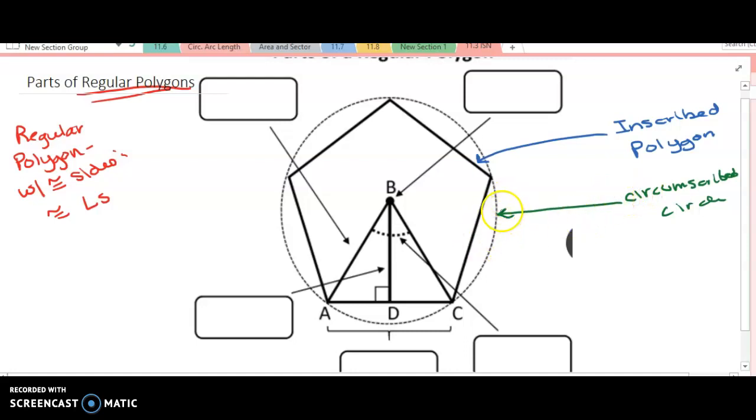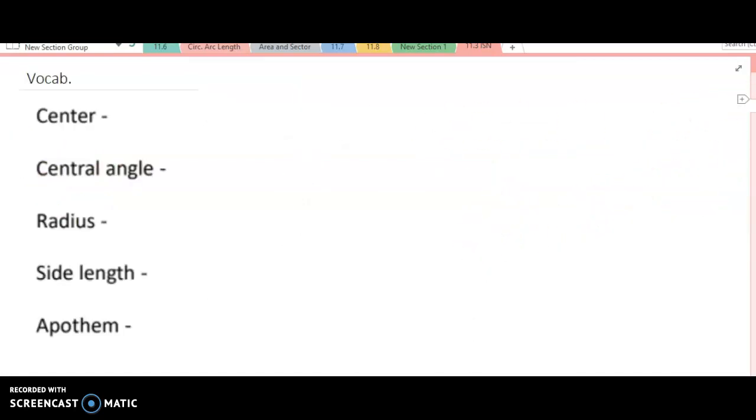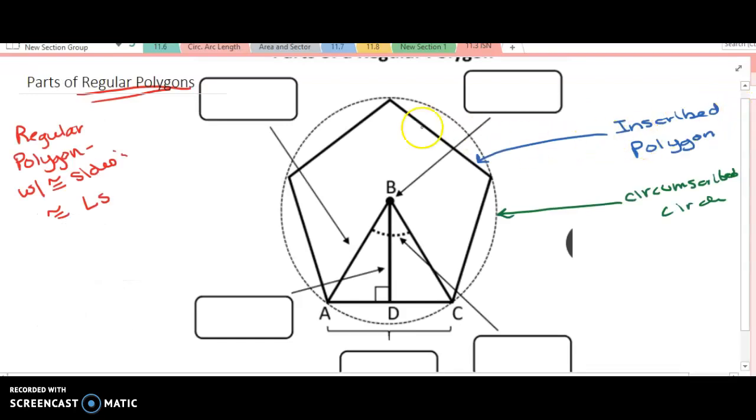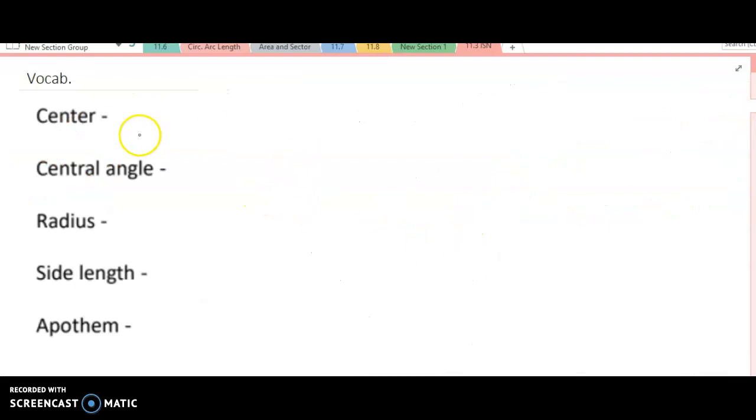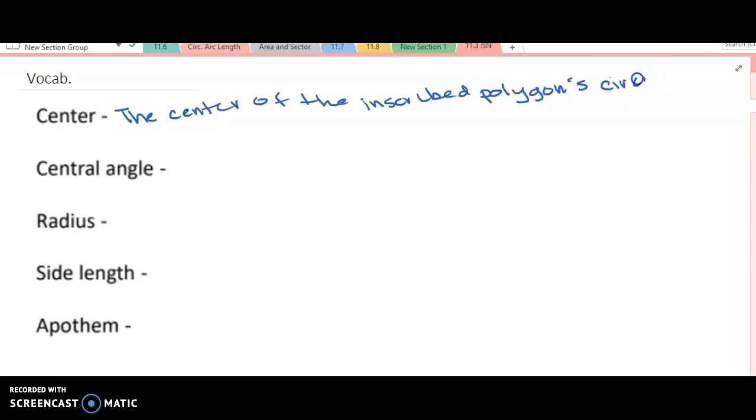The rest we're going to kind of fill in the blank, and then we're going to explain what they are too. So let's start up top here. When we inscribe this polygon in the circle, this B is called the center. It's basically the center of the circle. So the center of the inscribed polygon's circumscribed circle.